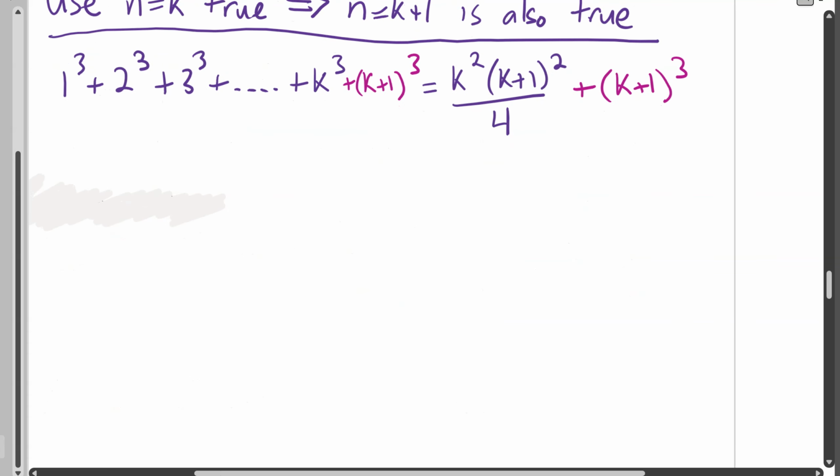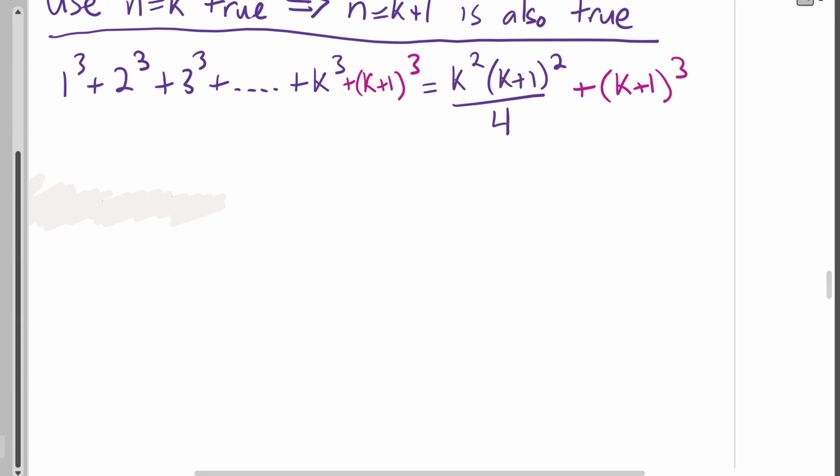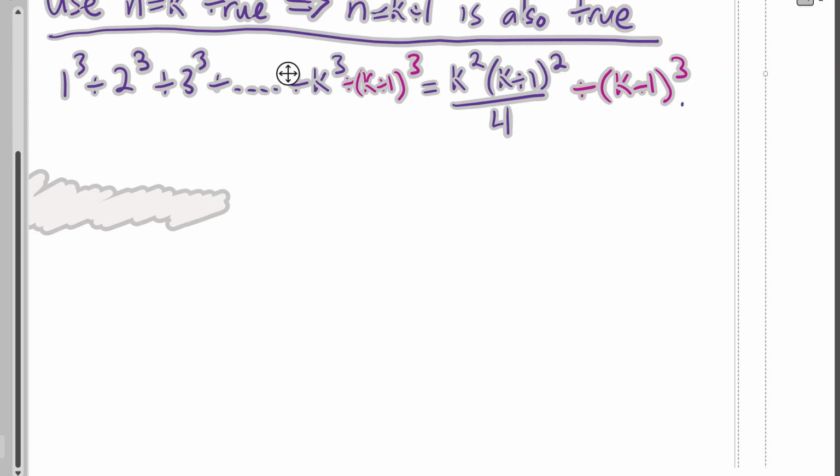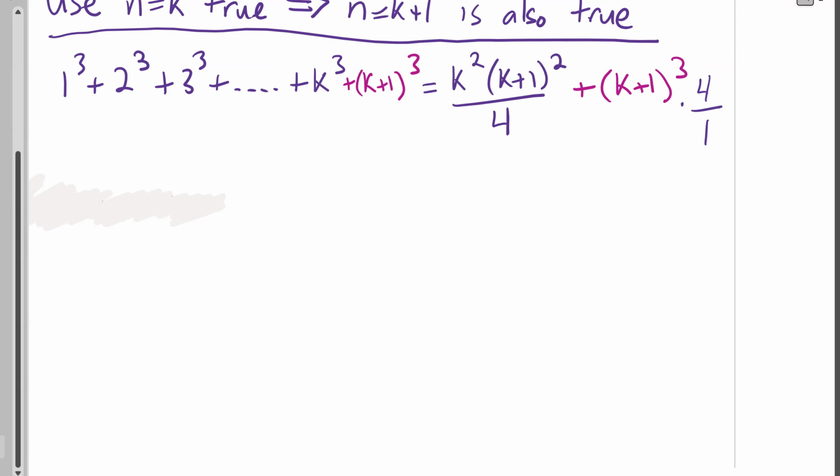Okay, so there's nothing we've got to do with the left-hand side, but I've got to clean up that right-hand side. First thing might be to multiply that expression by 4 over 4, so that I could rewrite these as one fraction to make it k squared times k plus 1 squared plus 4 times k plus 1 cubed, divided by 4, right?